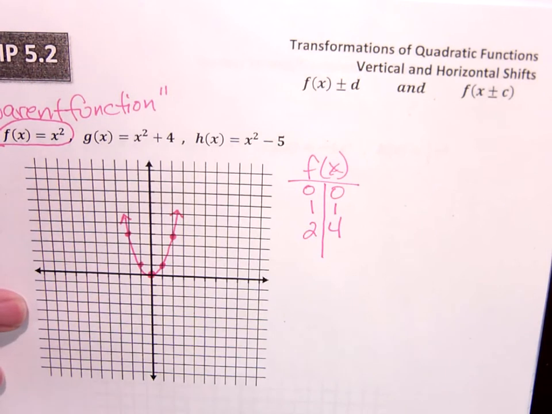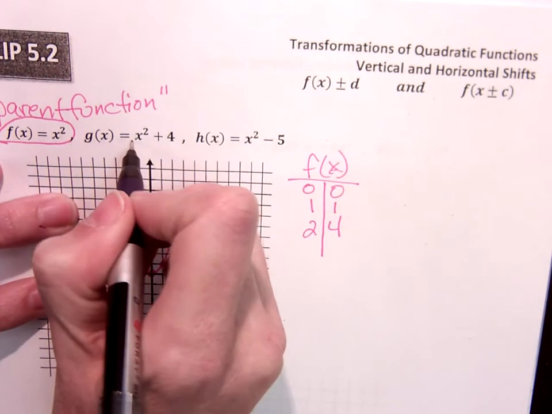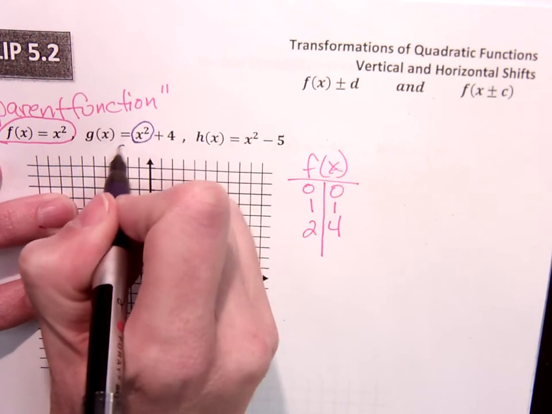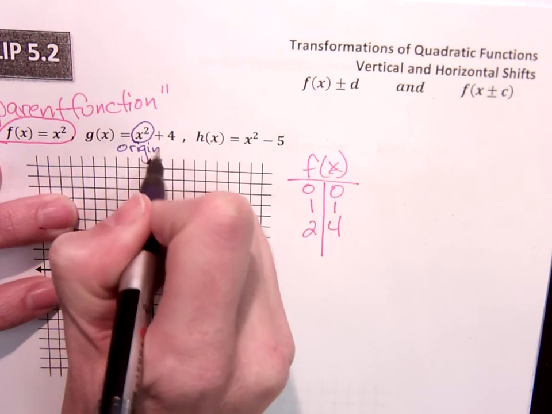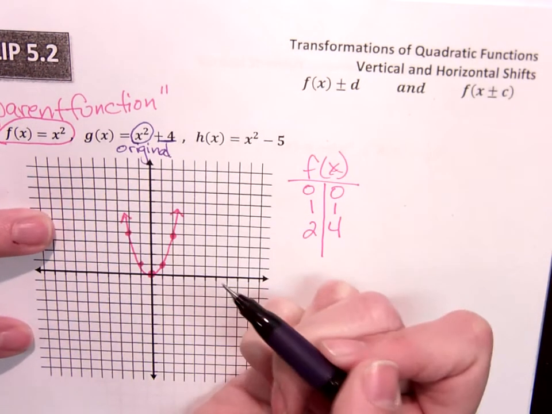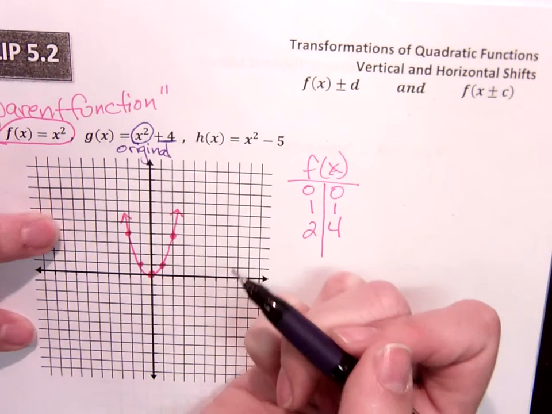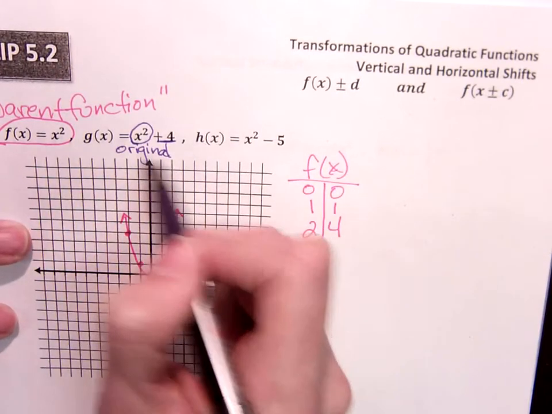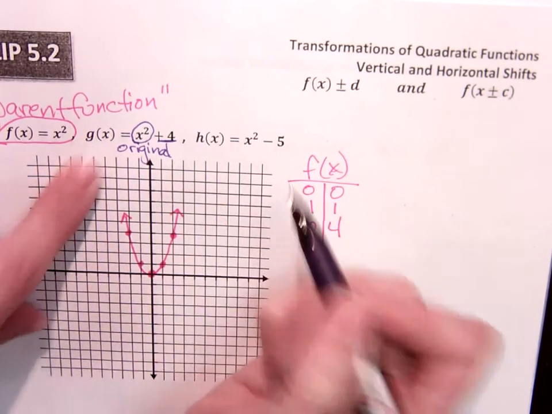Well, if we look at the function notation and our new equation, I've got my original x squared function, and then this plus 4 out here just says, take everything we already had and add 4 to it. When we do that, we're adding it to the y values.